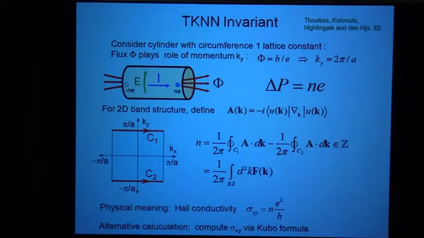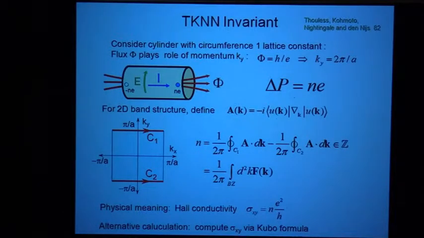You calculate a current correlation function to calculate sigma xy, and that in fact is what Thouless did. What he recognized is that when you calculate sigma xy, what you get is precisely the formula for the Chern number. So this argument is another way of understanding that.